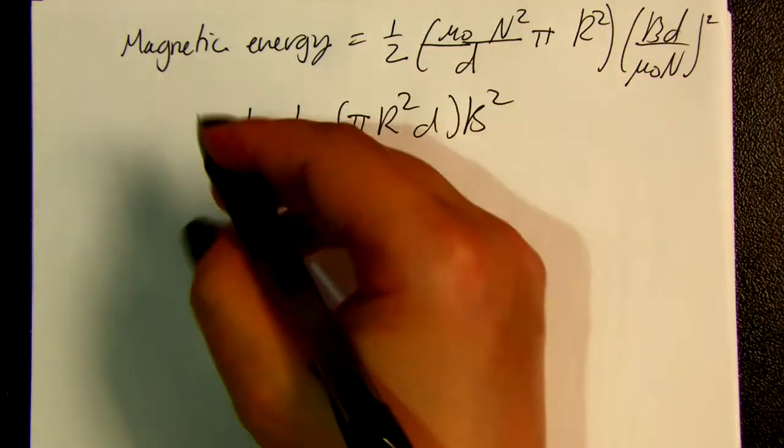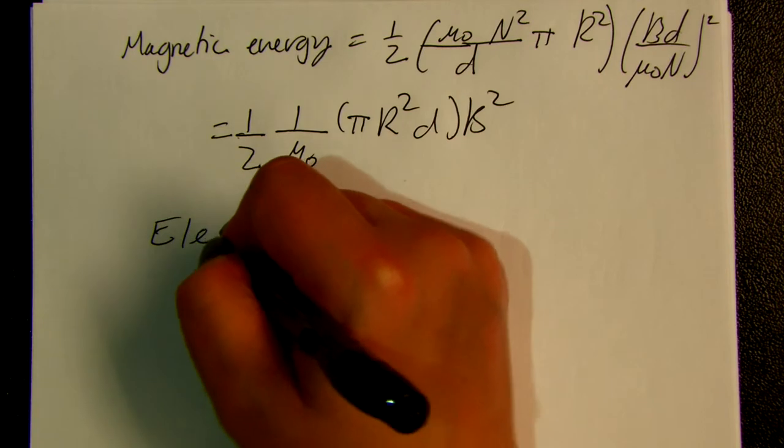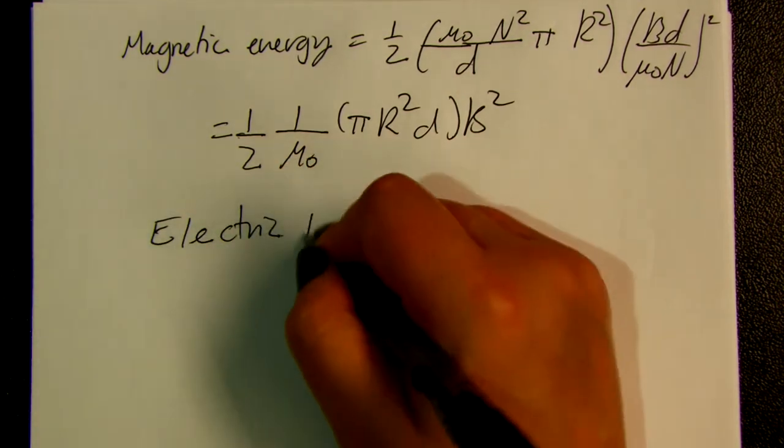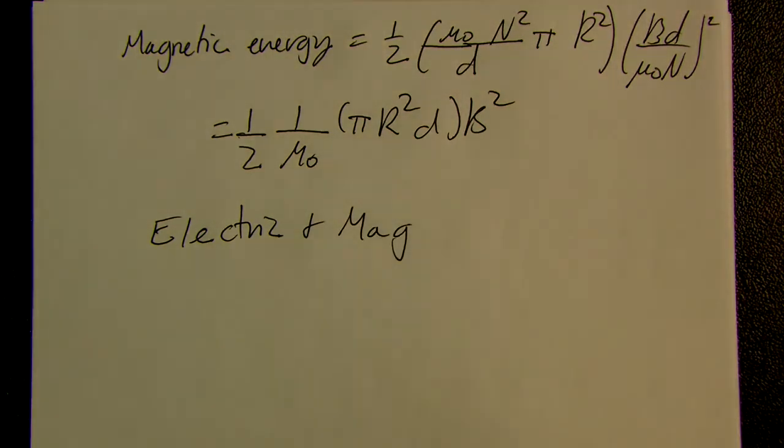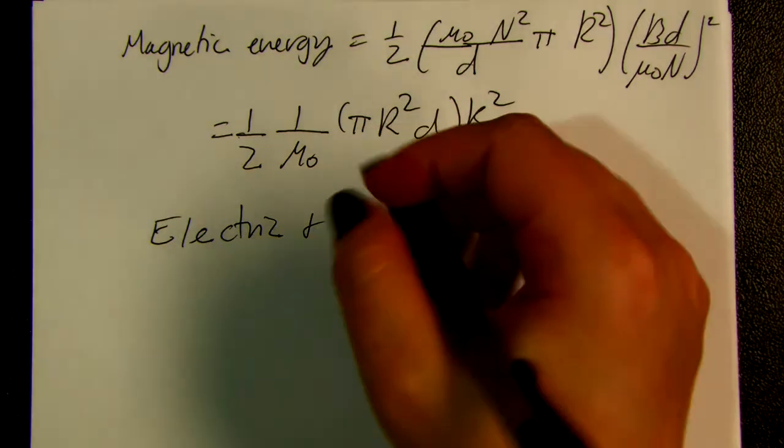And so if we look at electric and magnetic energy densities, this is just magnetic energy. We have not done a density yet.